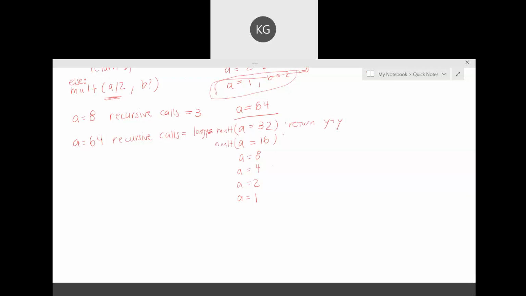So it's still only one call. Does that make sense? Yeah, it's just the amount of times that you literally do mult A divided by 2. So how many recursive calls did we get when A was equal to 64? We called it 6 times, yeah.